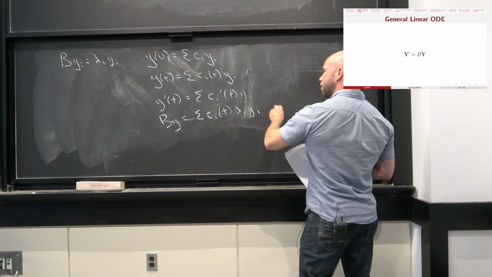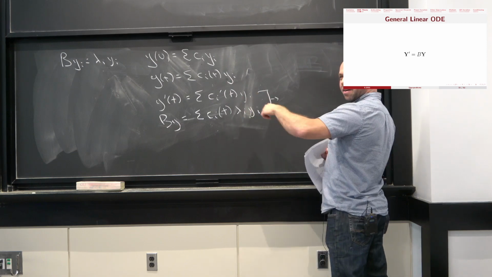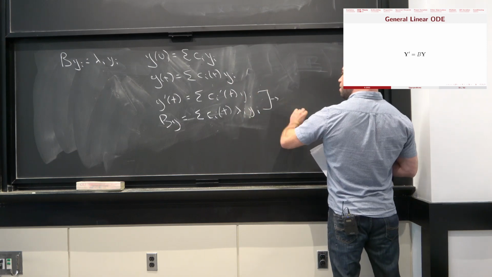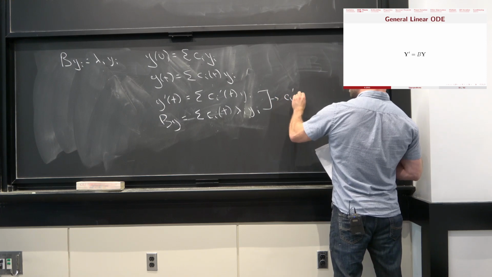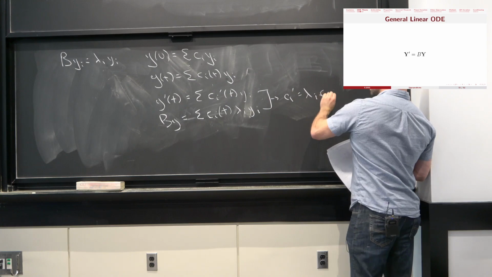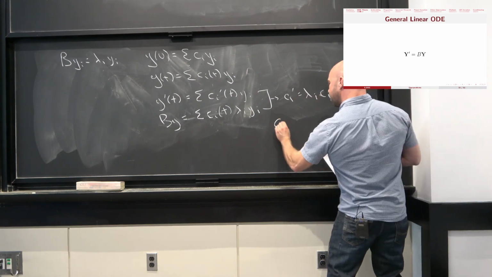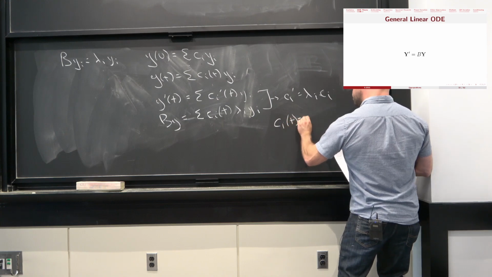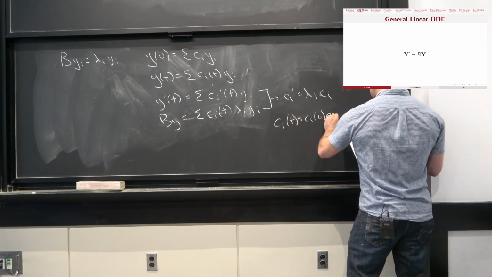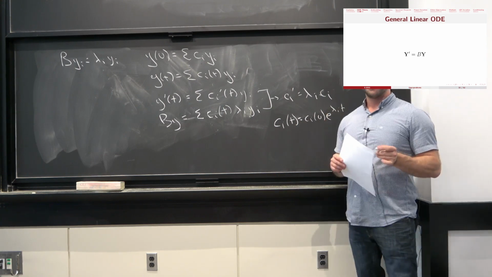So setting these two expressions equal to each other, what we conclude, because writing things out on a basis is unique, is that ci prime is equal to lambda i ci. So in other words, ci of t is equal to ci of 0 e to the lambda i t. Right, that's calculus.